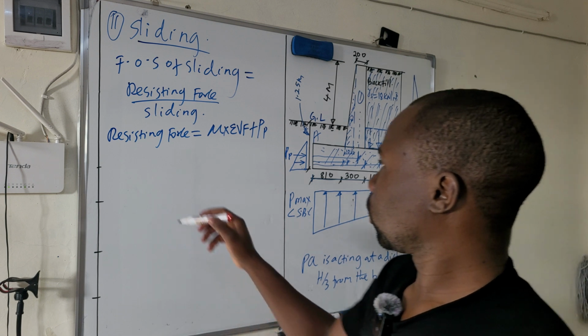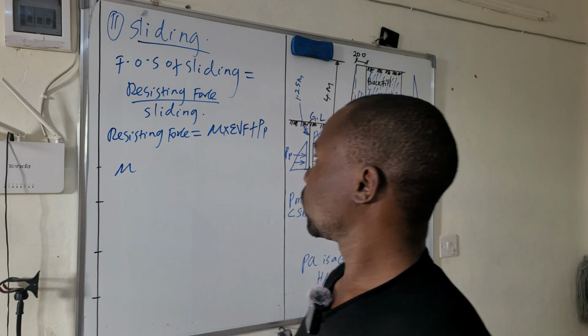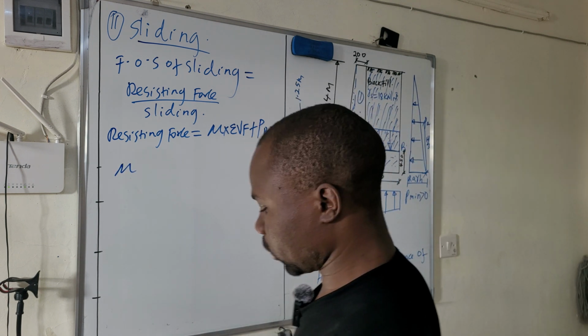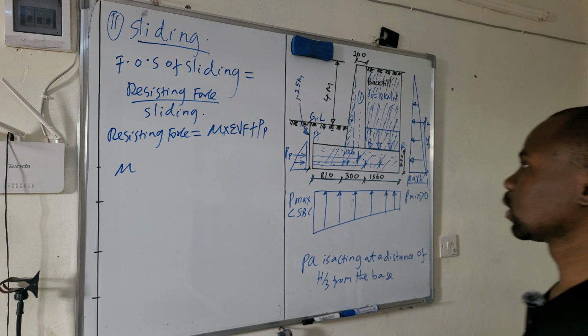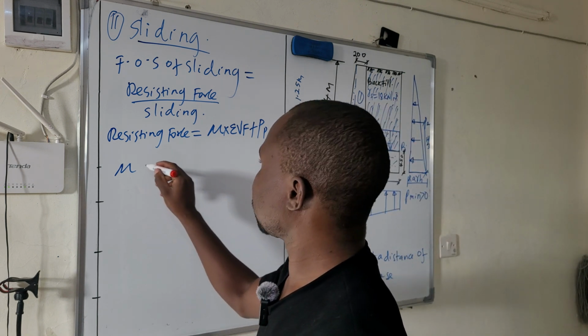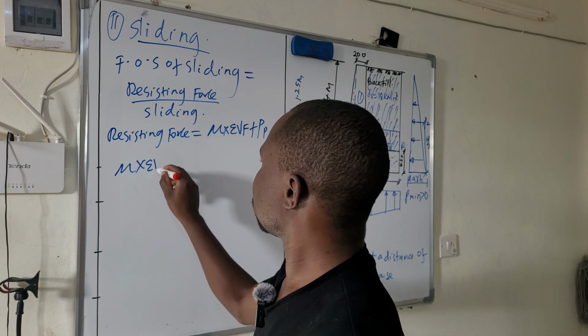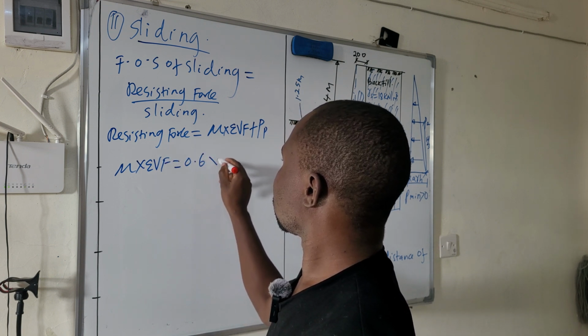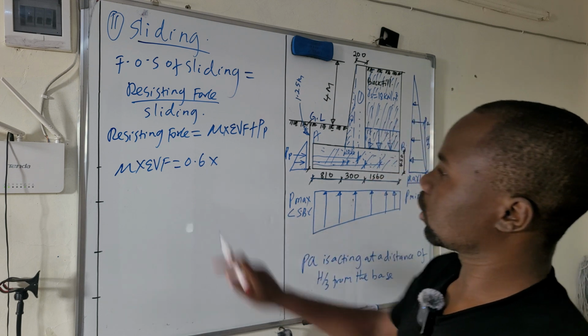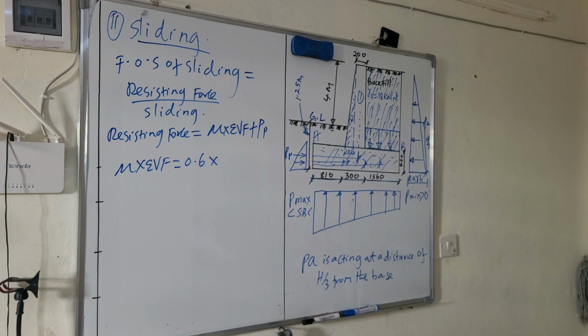So mu is the coefficient of friction between concrete and soil, which is 0.6. So mu times summation of vertical forces is equal to 0.6, which is given in the question as the coefficient of friction between concrete and soil.